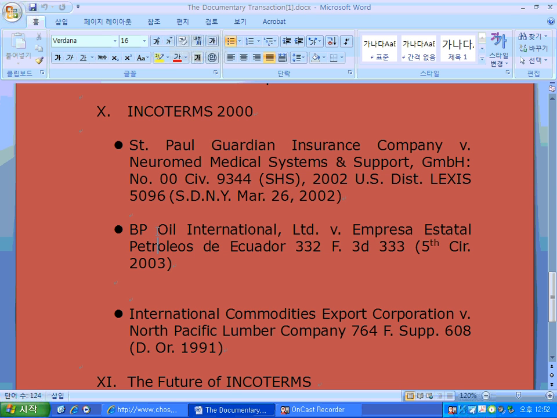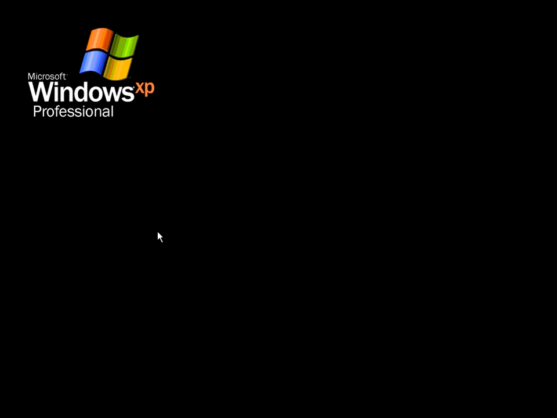The difference in CIF lies in that the seller should arrange the insurance contract and purchase an insurance policy to guarantee against the loss or damage of the goods.